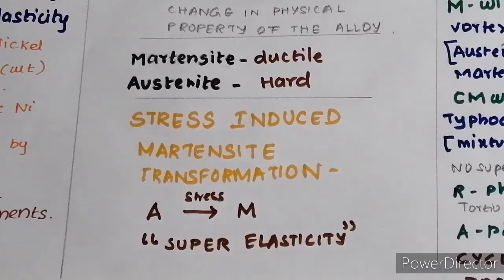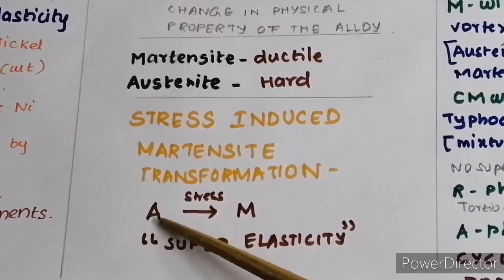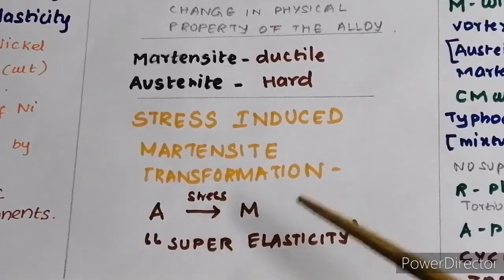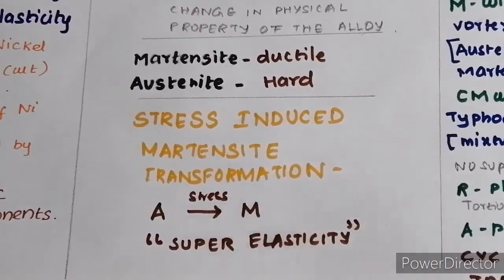So what is super elastic? When we give a load, it deforms. When the load is released, it turns back. It springs back to its original position. And this property to nickel titanium alloy is because when the austenite phase is going to be stressed, it can transform into martensite phase.